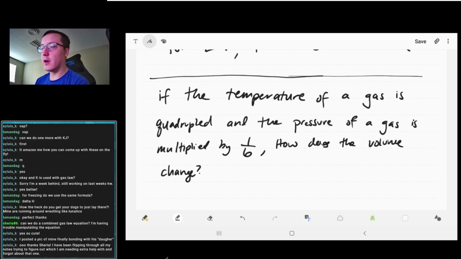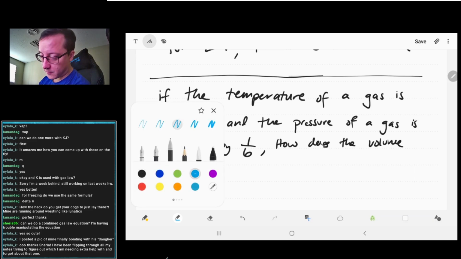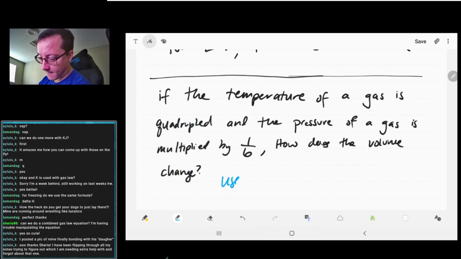Okay, so I'm going to tackle two birds here. So this is a combined gas law problem, but it is also one that you are not given explicit numbers with. So my advice to you is use fake numbers.